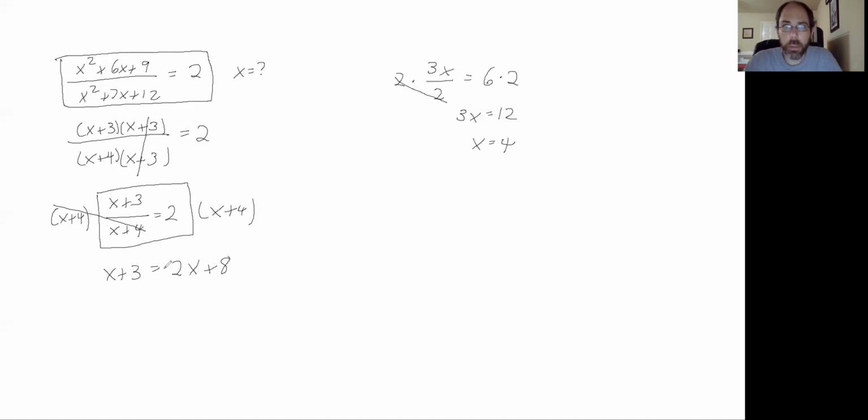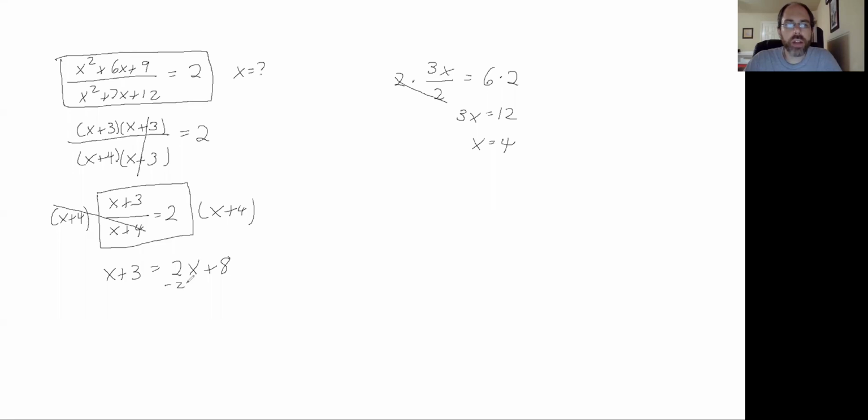And this looks a lot more like what we've been working with all this time. So how do I go about solving this equation? I need to get my variables together and my numbers together. So I'll get my variables on the left, my numbers on the right. So if I do that, I need to get my variables over here.